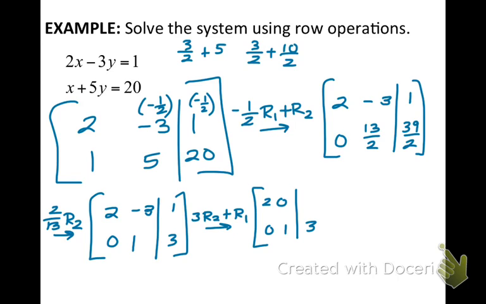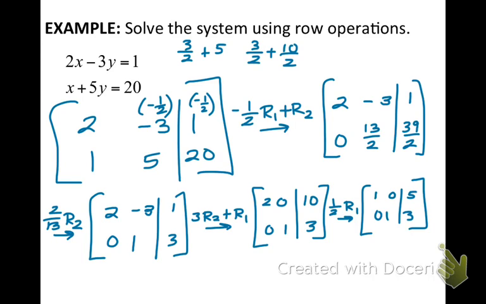Yep, 9 plus 1 is 10. Last move. Yeah, half of your row 1. So we get 1, 0, 5, 0, 1, 3. Good. So our solution is 5, 3.